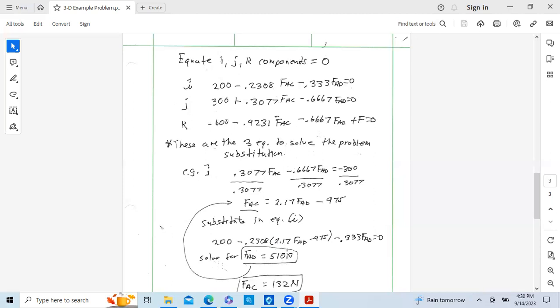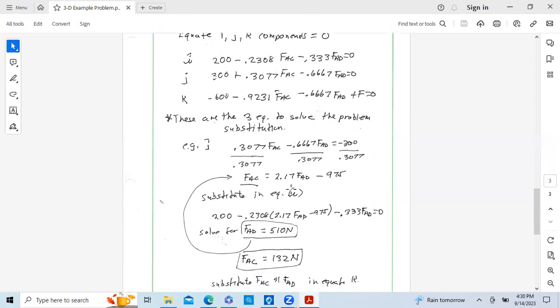It is equal to 510. And then I went back to this equation here. Once I had FAD, I put FAD back into this equation. I solved for FAC, 132 newtons.